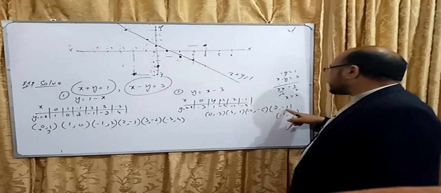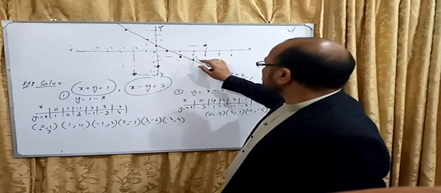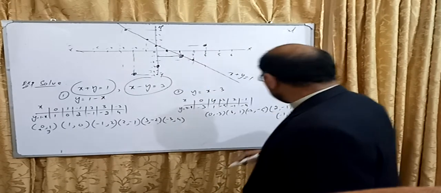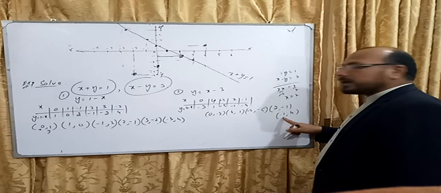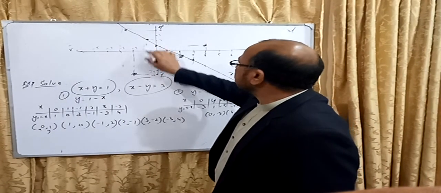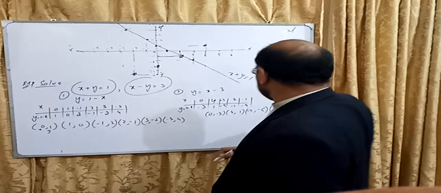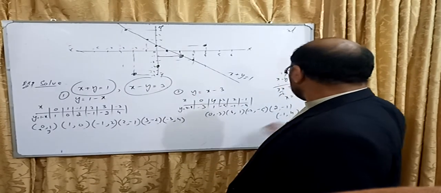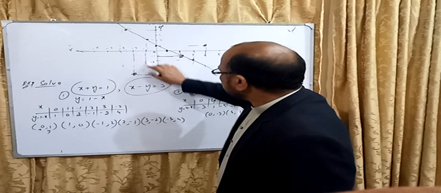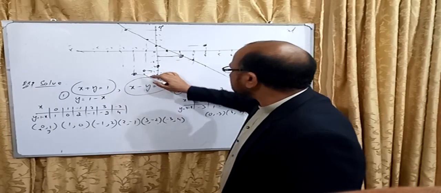And then 2 and minus 1, x2, y minus 1, again this point. And then minus 1 and minus 4, x minus 1 and y minus 4, this is the last one.